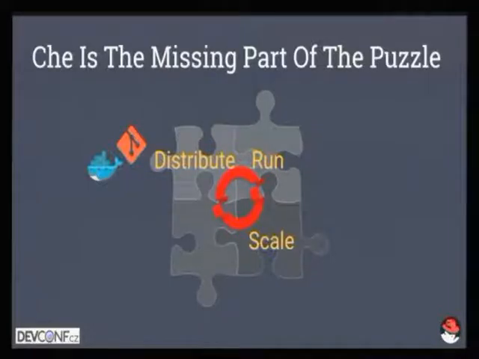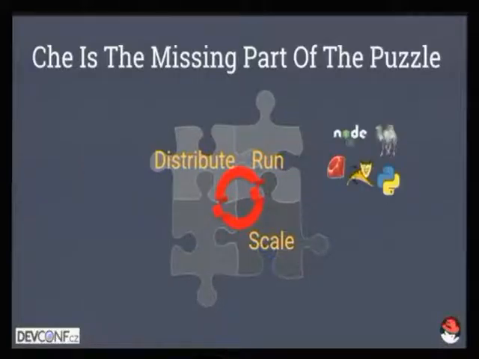And Che can also be considered as a missing part of the puzzle, because today with OpenShift, we have a platform that can distribute our applications using Docker images or Git repositories.